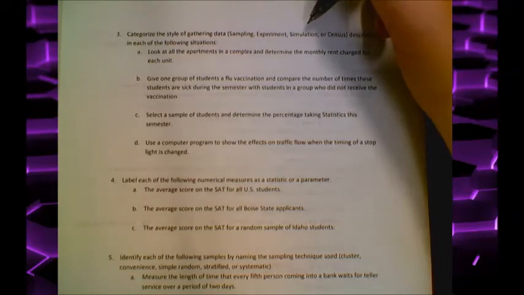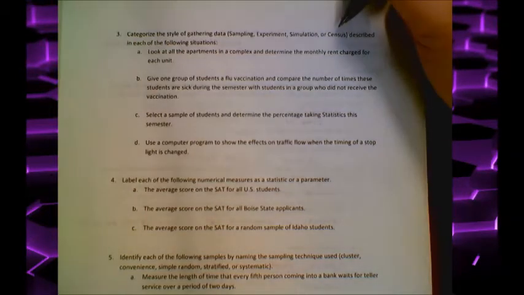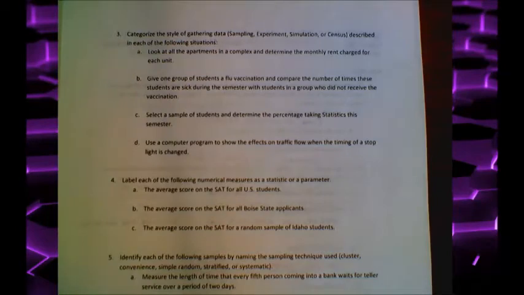A simulation is when you don't actually do what you're looking at, but you run a simulation, for lack of a better term, to see what would happen if you did this. And then a census is when you take data from the entire population that you were looking at. So let's keep those in mind as we work through these.